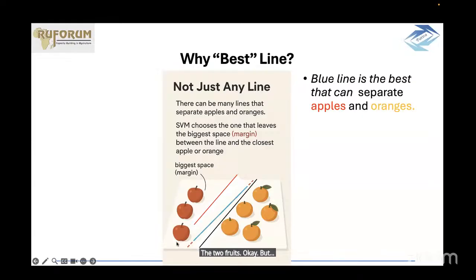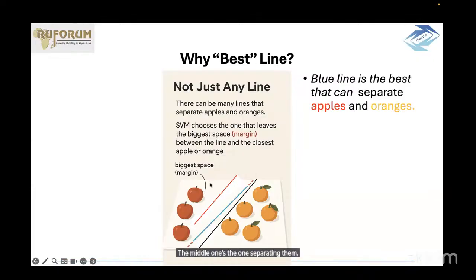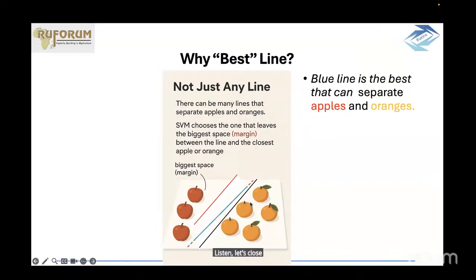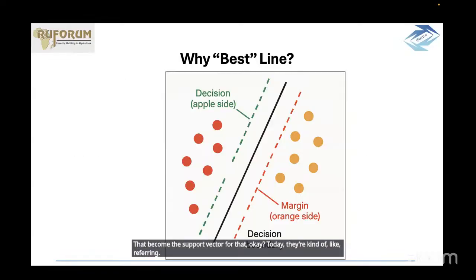But each fruit, the apple, they also have a line that is very close to them. The middle one is the one separating them. But there's also a line that's close to this apple. There's a line that's close to these oranges. So if you have an apple that touches that line, that becomes the support vector for that, okay? So they're kind of like referees, okay?